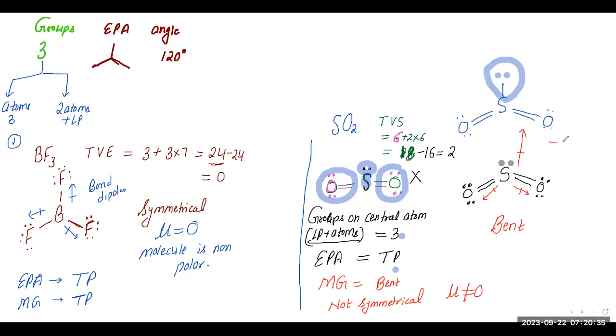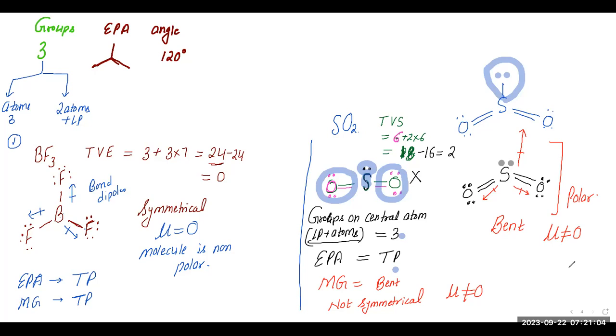So this molecule is polar or non-polar, children? This molecule is polar or non-polar? It is polar. Because the net dipole moment is not equal to zero because it has a lone pair which has distorted the shape, and all the three atoms are not identical. So bond dipoles, see the language, bond dipoles do not cancel.